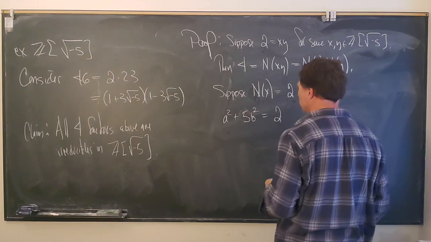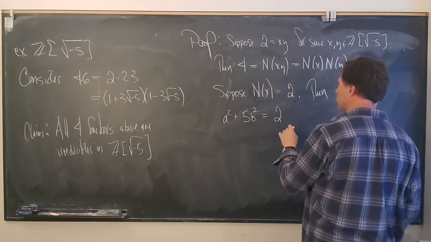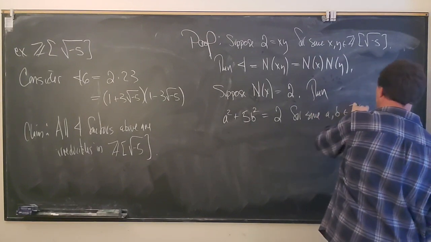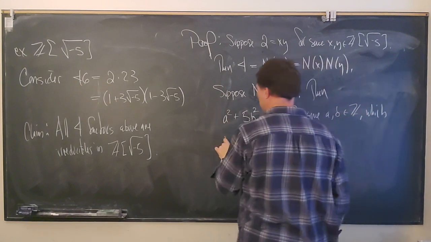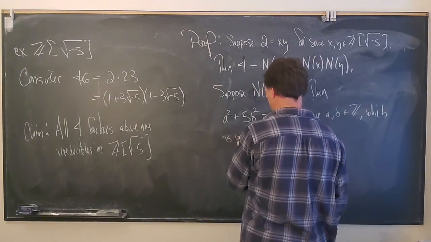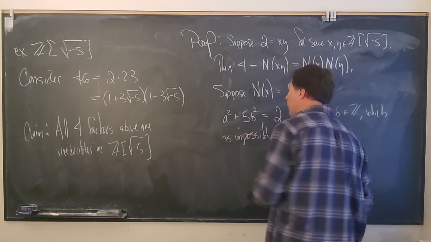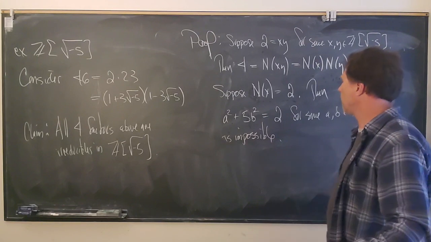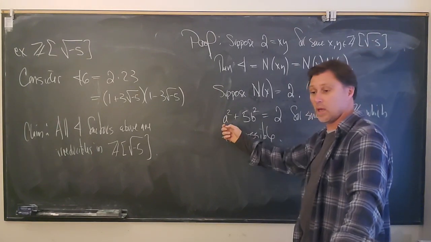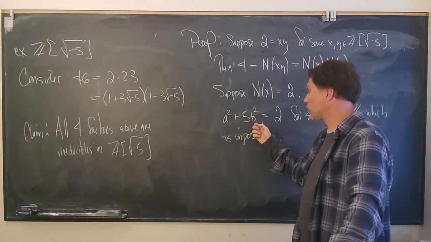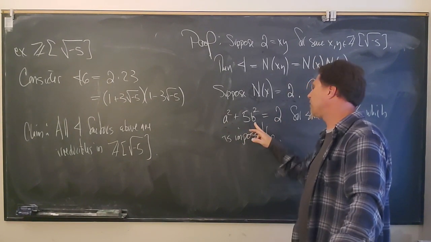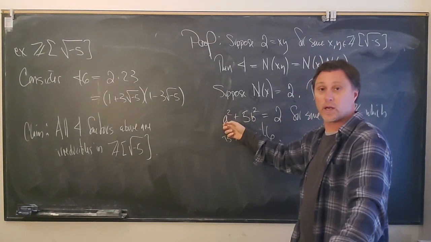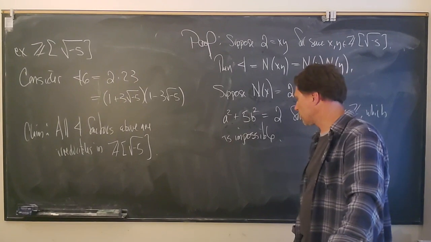There's no integer solutions for some A and B in Z, which is impossible. And here I'm just eyeballing this, right? Think about A squared and B squared. If you plug integers in here, as soon as A and or B gets greater than 1, it's all over. In fact, if B is 1, can't happen. So that means B has to be 0, and then of course A squared equal to 2 does not have integer solutions also.